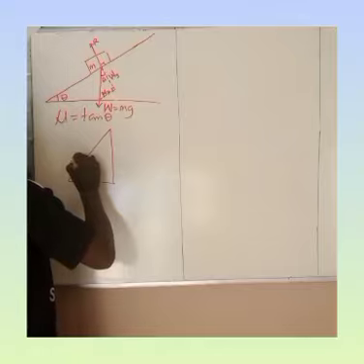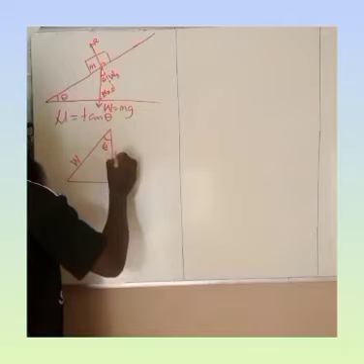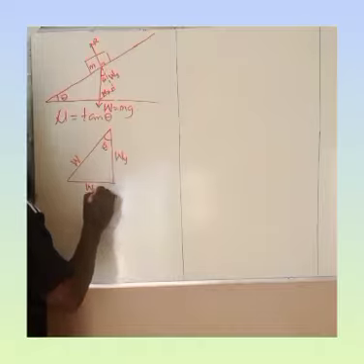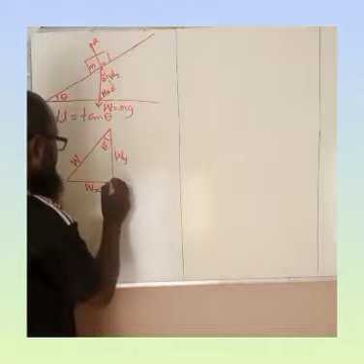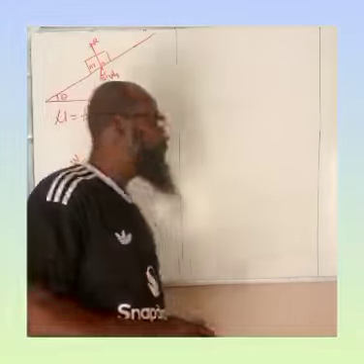This is the weight. This is the angle theta. Now this is the component of the weight perpendicular to the plane, and this is the component of the weight that is parallel to the plane. Of course, since this is a right angle triangle, you can apply SOHCAHTOA here.